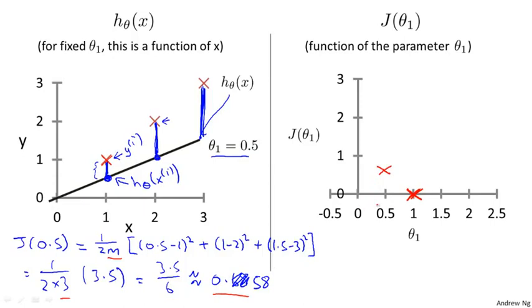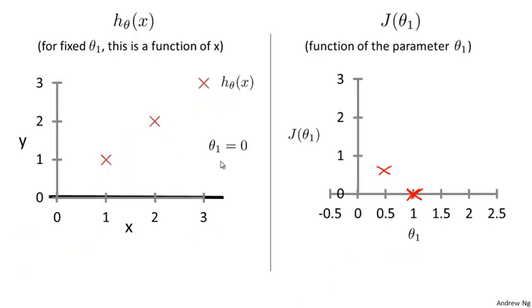Now, let's do one more. How about if theta 1 is equal to 0? What is J of 0 equal to? It turns out that if theta 1 is equal to 0, then h of x is just equal to this flat line. It just goes horizontally like this.